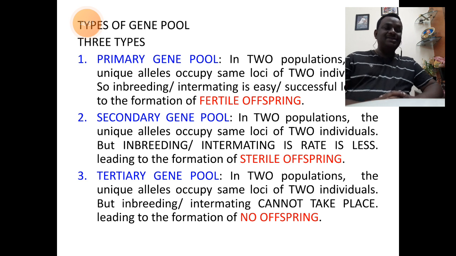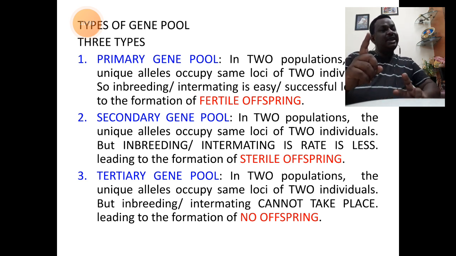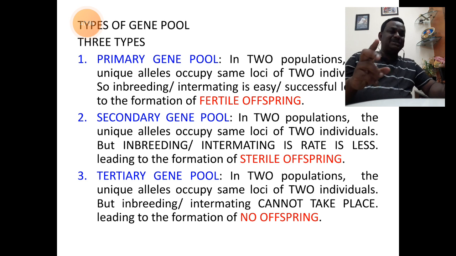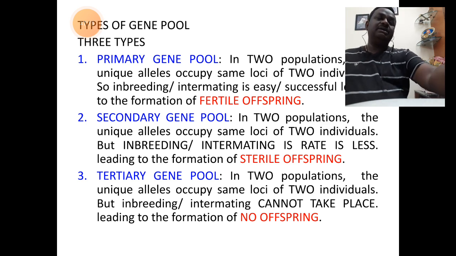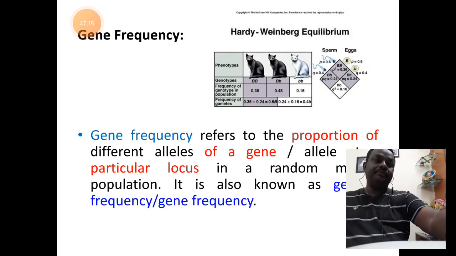We call this condition the tertiary gene pool. So condition number one is the primary gene pool, where the inbreeding individuals produce fertile offspring. Secondary gene pool, where sterile offspring are formed. Whereas tertiary gene pool, where no offspring at all are formed.